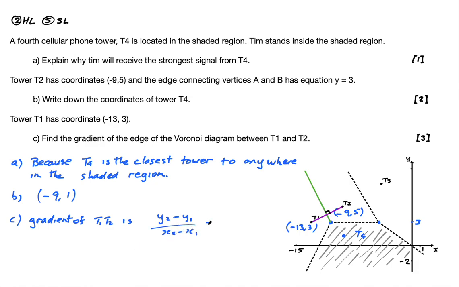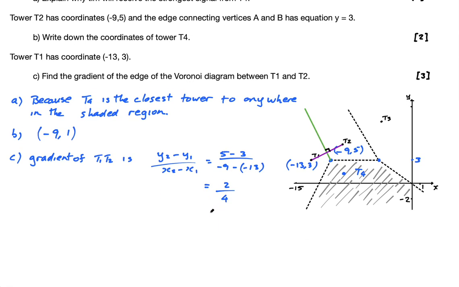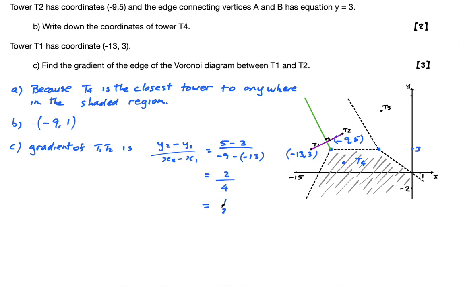This is equal to y2, so 5 minus y1, 3 over x2, -9, minus -13. Careful, that's minus. But that's nice because it's going to give me 2. 5 minus 3 is 2. And -9 plus 13 is 4. So that's actually equal to a half.